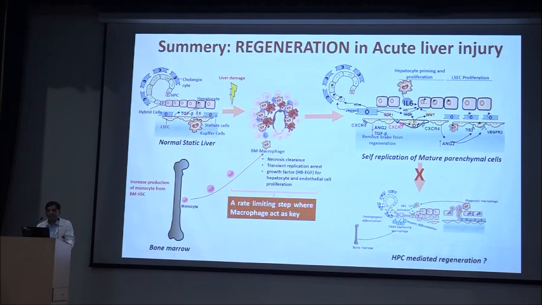So in summary, in acute liver injury and the regenerative response, unlike partial hepatectomy, where just after the initiating signals the hepatocytes enter the proliferation phase, in liver injury you have a massive necrotic area which has to be cleared before the initiation of hepatocyte proliferation, and it acts as a rate limiting step. And during this process, the bone marrow plays an active role.